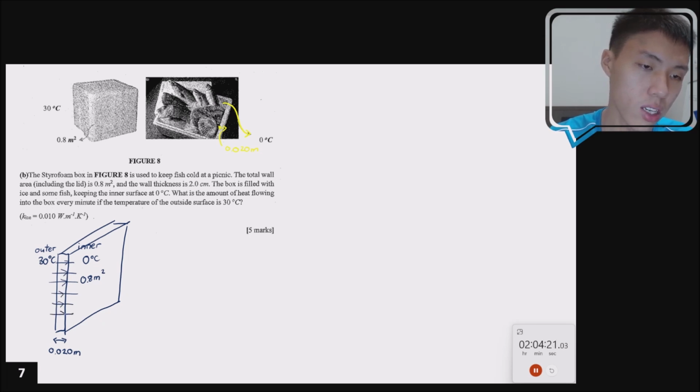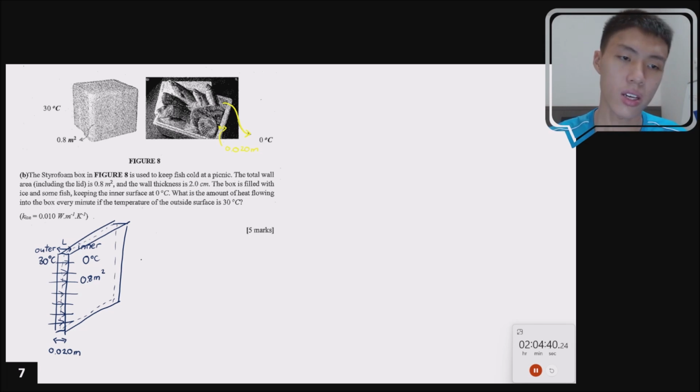Later you find the distance. This will be the distance L, then the cross-sectional area for your heat conduction. This is your cross-sectional area, which is 0.8 meters squared.